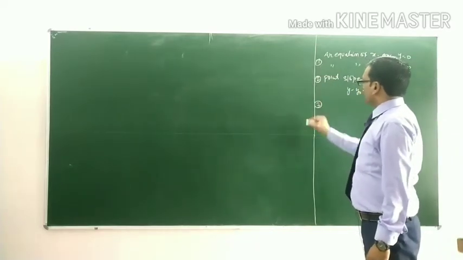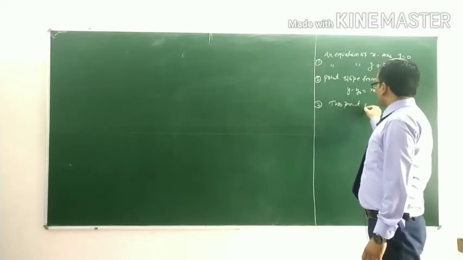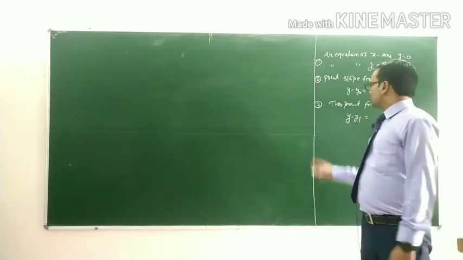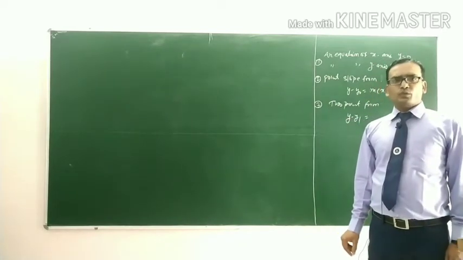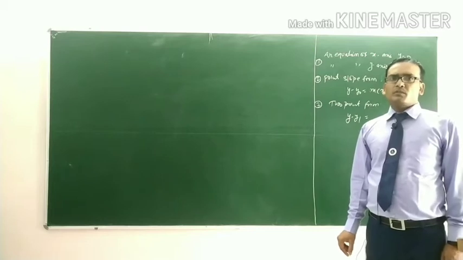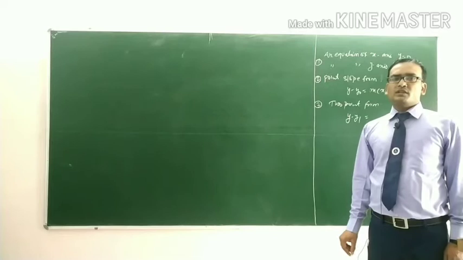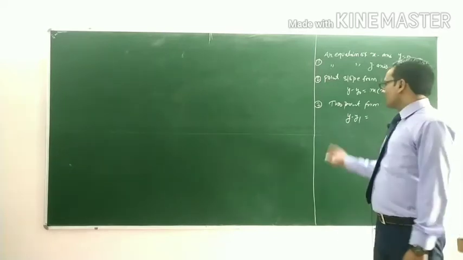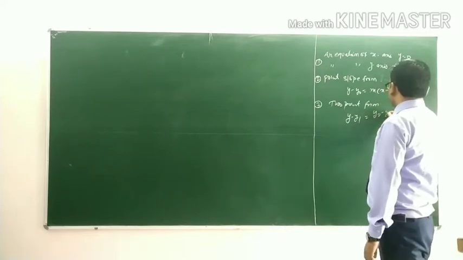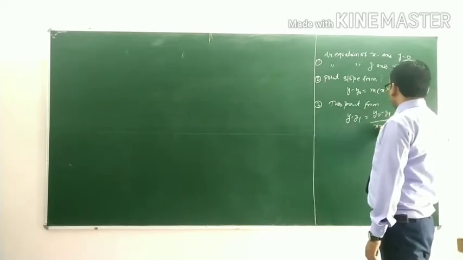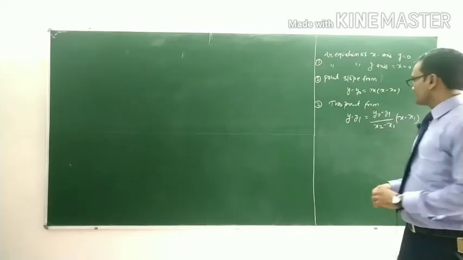The third form is the two point form. For a line passing through the two points x1, y1 and x2, y2, the equation of the line is y minus y1 is equal to y2 minus y1 upon x2 minus x1 into x minus x1.